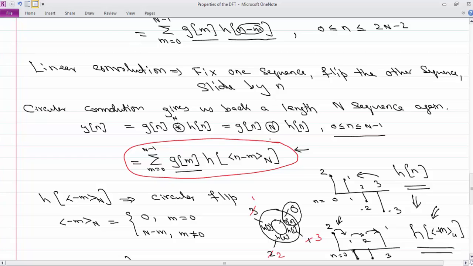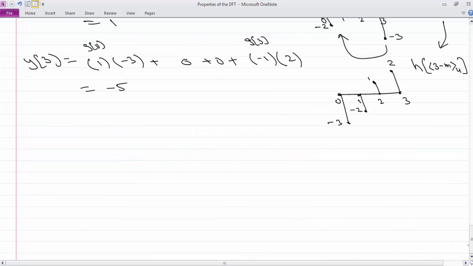And as long as you know the meaning of circular flip or circular shift, or you remember your mod formula, after you do the flip, it's very simple. You just keep on doing one circular shift at a time. So for circular convolution, you can either use the formula directly, you can compute the mod operation, you can use this graphical representation, or you can use a tabular way of computing the circular convolution.